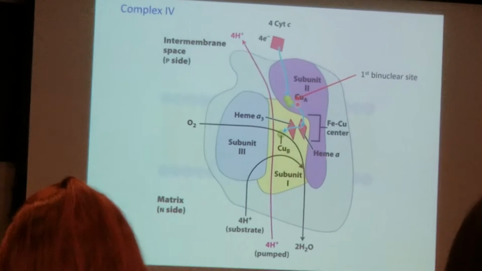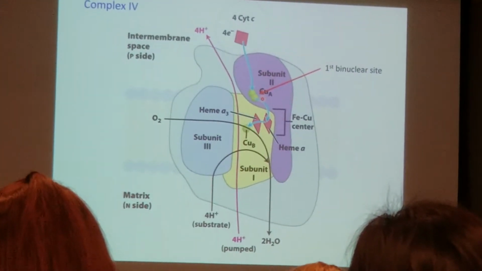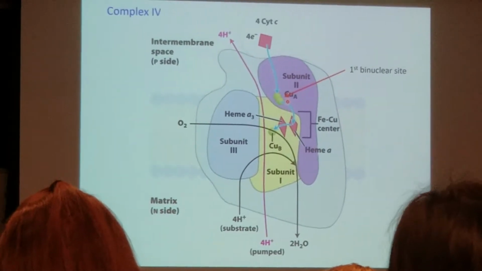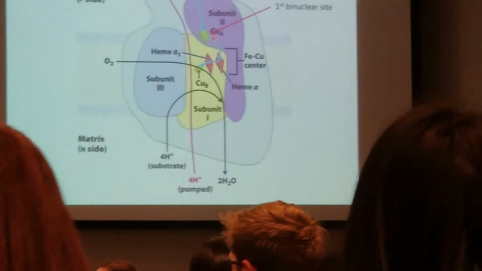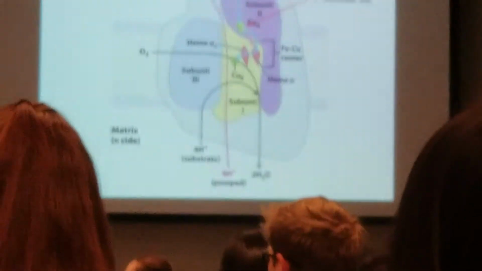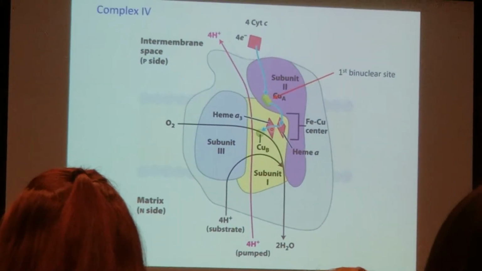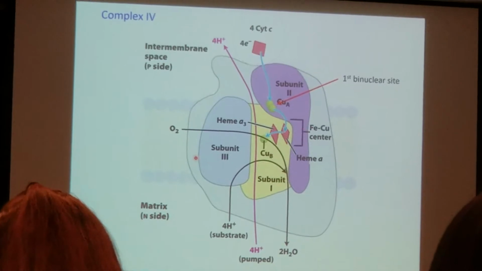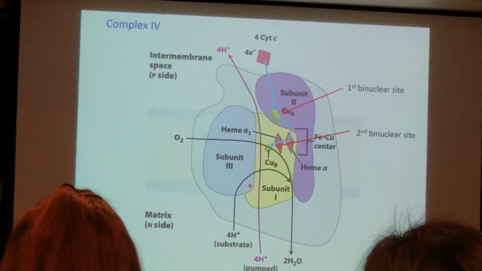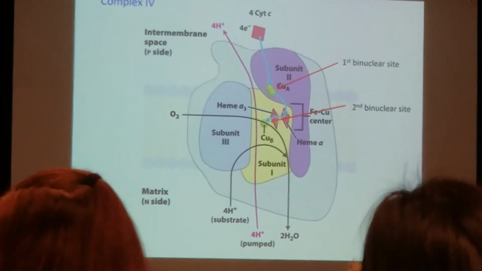And so the electron wave, or in this case waves, because we have four electrons coming down one at a time, is passing through this first binuclear site on its way to a second binuclear site. So the second binuclear site is right here between a copper atom and an iron in this heme.